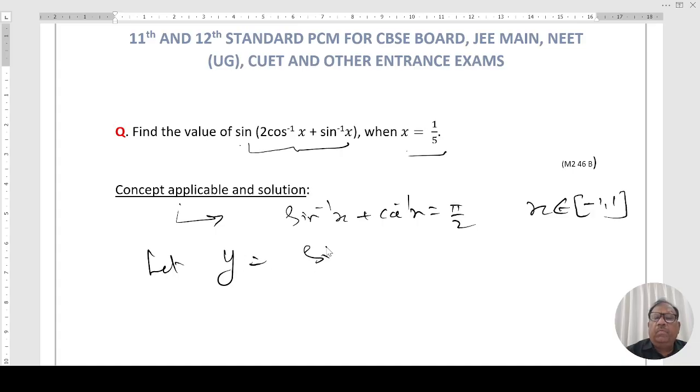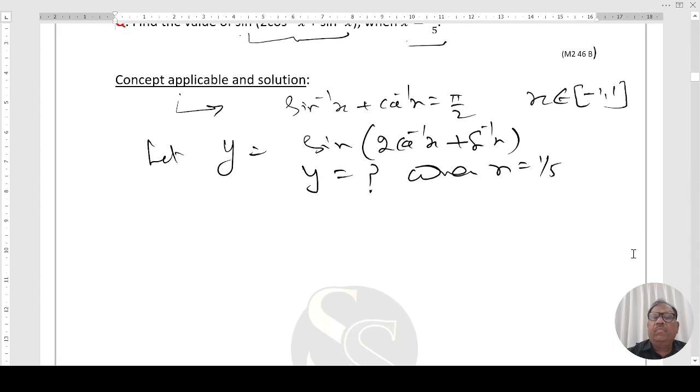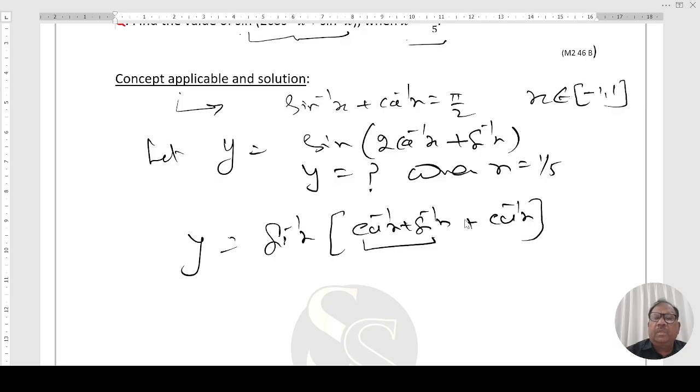Now let y equal to sine of 2 cos inverse x plus sine inverse x. To find value of y when x equal to 1 by 5. Then y equal to sine of, we broke it up, cos inverse x plus sin inverse x plus cos inverse x. If we go back, we get the same thing.